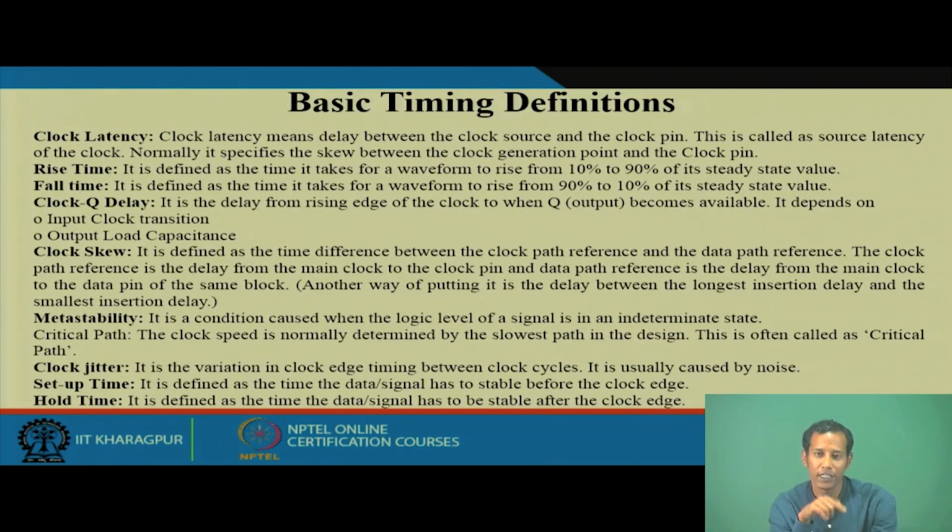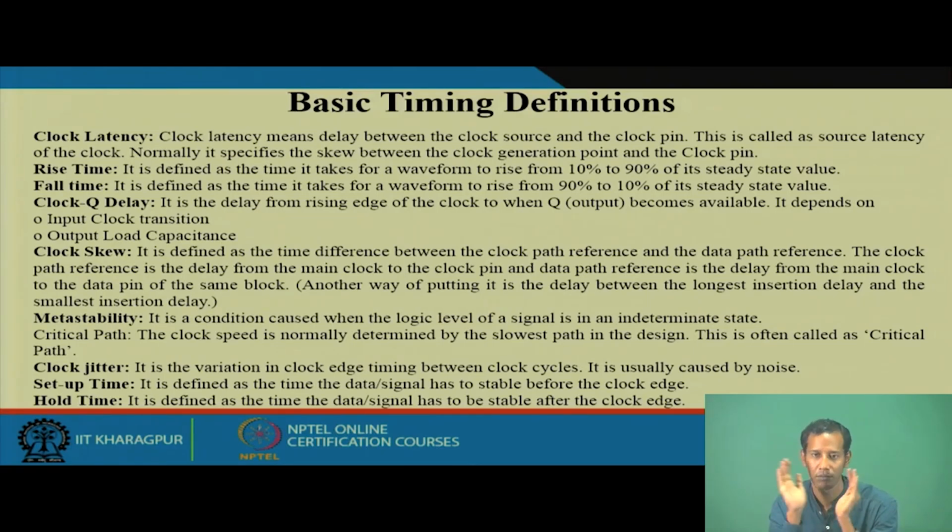Not every rising edge and falling edge of the clock will be exactly regular. If I consider one particular clock cycle, whatever time period we set, from the rising edge to the falling edge and then again to the next rising edge, that is the clock period. So, if I consider, let us say, 100 cycles.